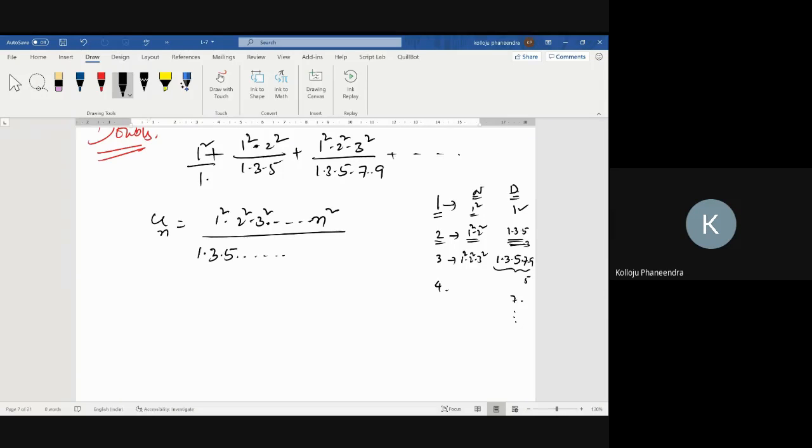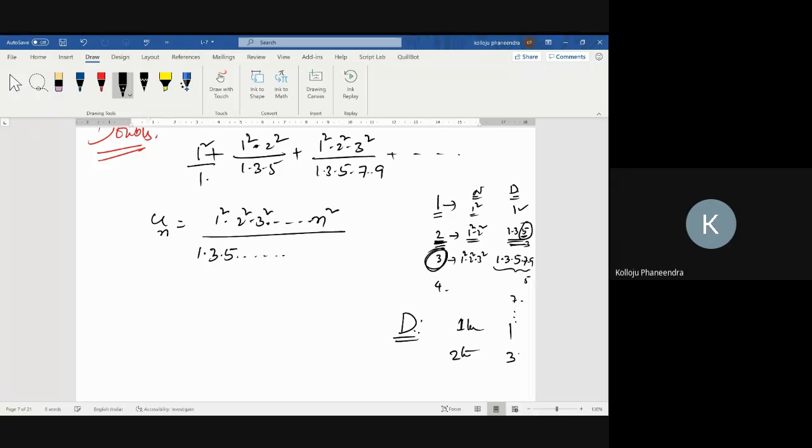Now listen. I am considering the denominator only. There is a doubt in the denominator. First term is 1 only. Second term, how many terms? 3, up to what? Up to 5.